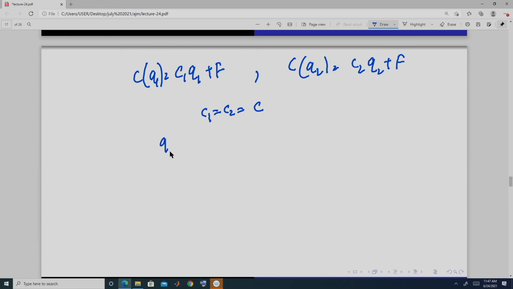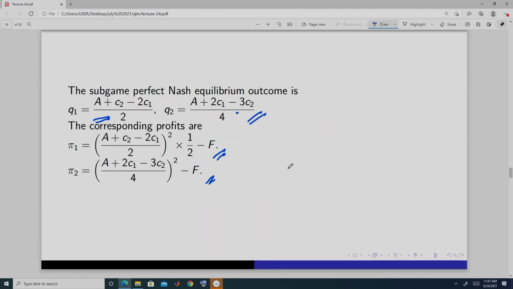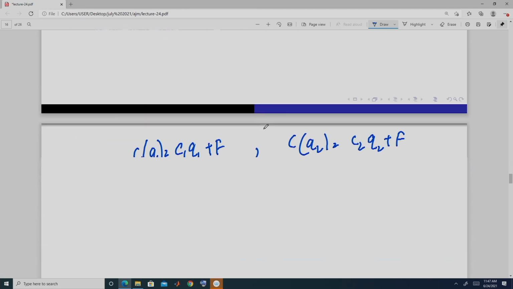Then Q1 is what? Q1 is this in stage 1, and the profit is this.